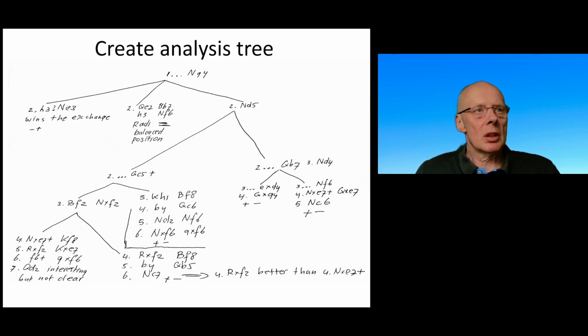Every node corresponds with a new move, a new branch where there are multiple options. And at the end of a line, you give an evaluation, like in this case, wins the exchange, black is winning, etc. And I will come back to this one, and you can compare notes after our analysis.